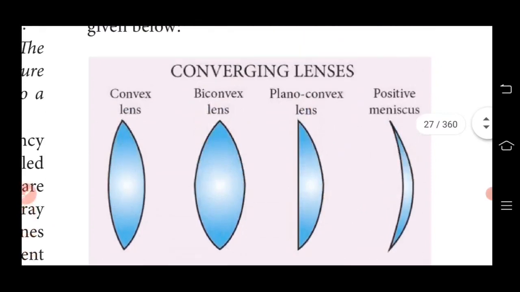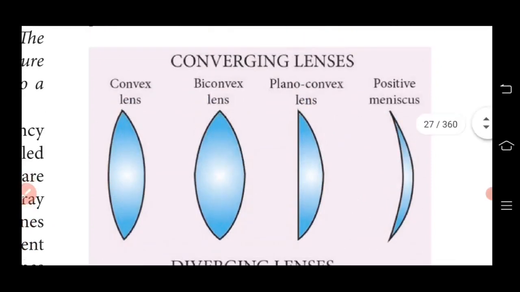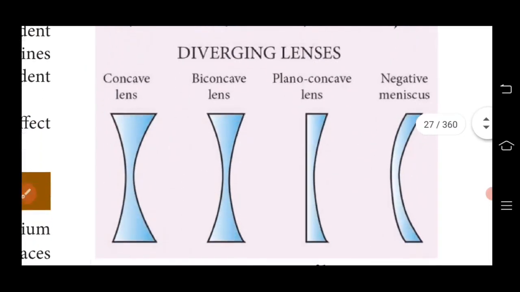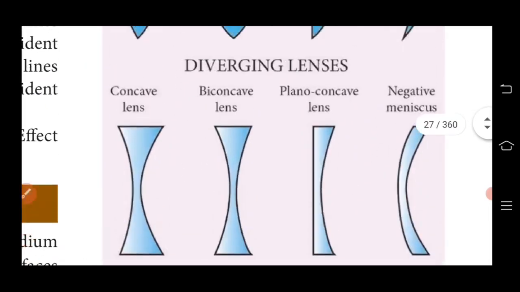Because it converges all the light rays at a particular point, that's why a convex lens is known as a converging lens. And a concave lens diverges or splits the light rays, so that's why concave lenses are known as diverging lenses. The light rays split when they pass through the concave lens.